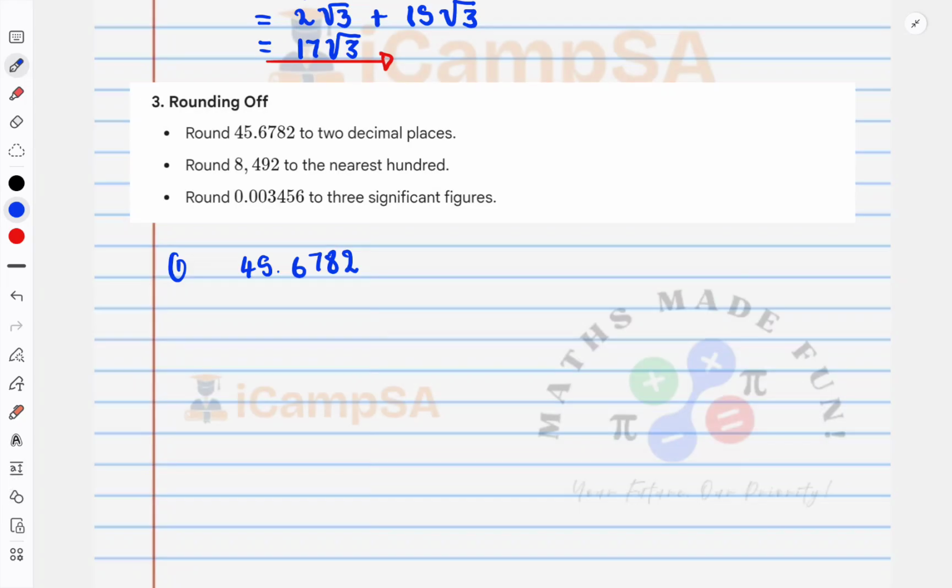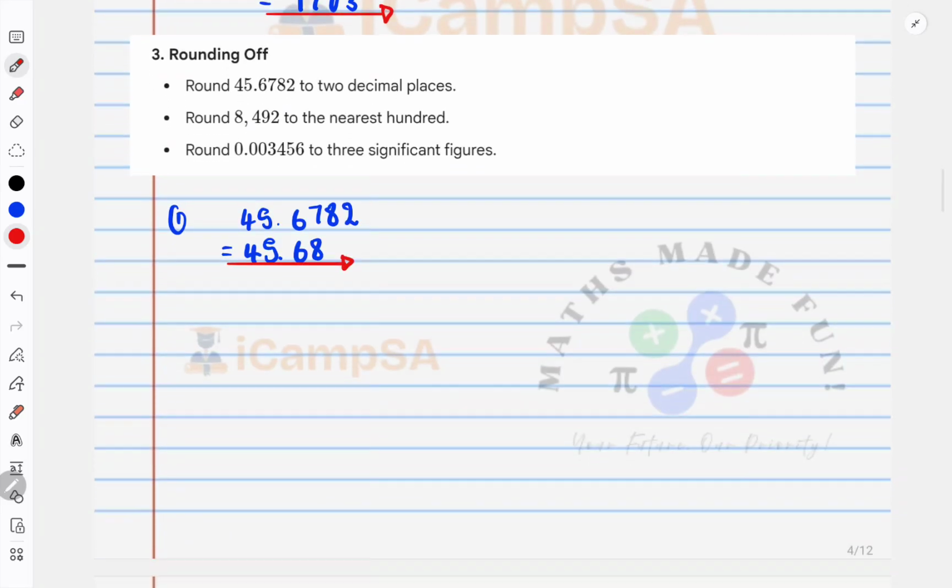So we're simply going to round up, adding 1 unit to that 7. That means we're going to have the answer as 45.68 when we round this number to 2 decimal places.